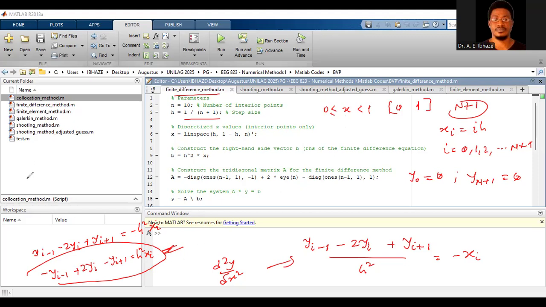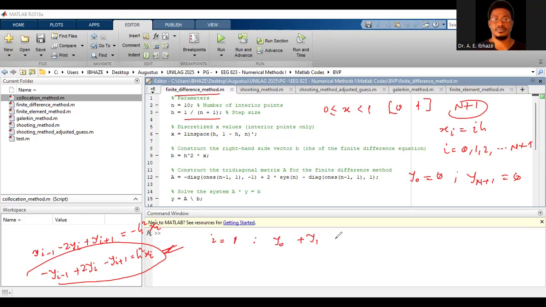So for instance, if in this case i is the same as 1, then this equation will reduce to negative y naught plus 2y1 minus y2 will be the same as h squared x1. And we already know from the boundary values or conditions that y naught is the same as 0. So this equation will reduce to 2y1 minus y2, which is the same as h squared x1.